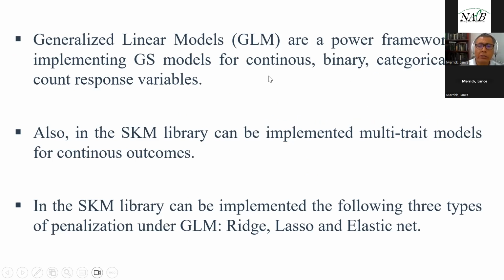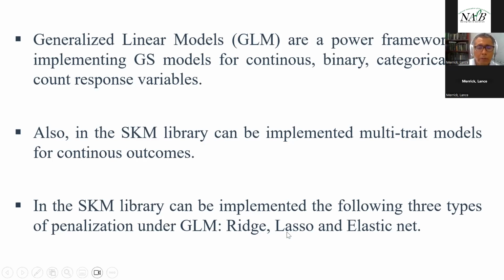And in the cases of continuous responses, it's assumed the normal distribution. For binary responses, it's assumed a binomial distribution using the logit link function. For the categorical, also is implemented under the multinomial distribution. And for count response variables is implemented under the Poisson distribution. But for multi-trait models, only can be implemented for continuous, for normal distribution.